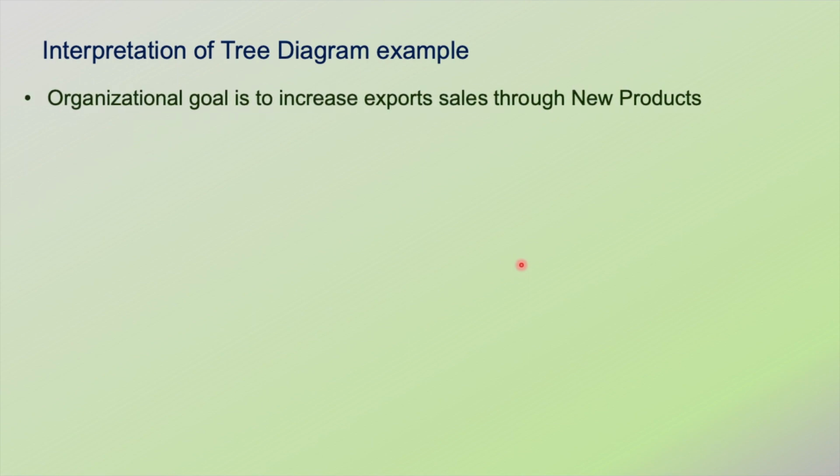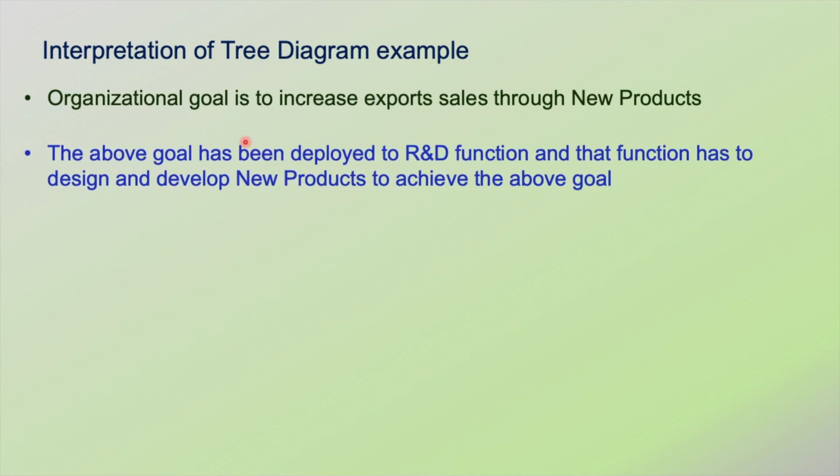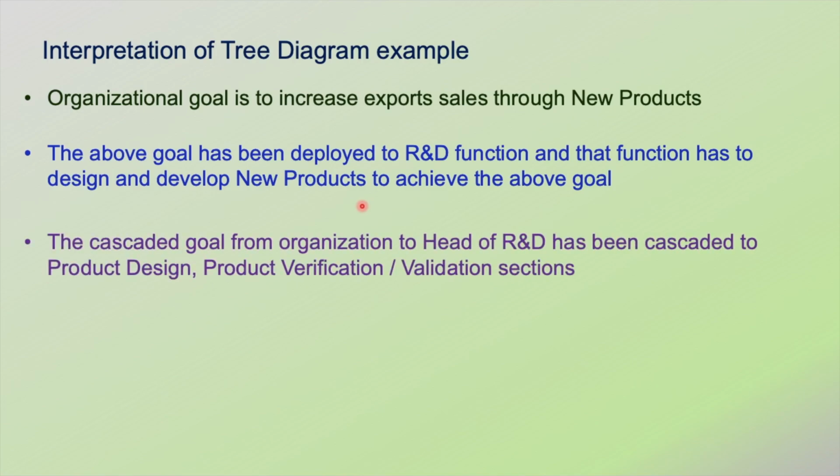How do we interpret this? The organizational goal is to increase export sales through new products. This goal has been deployed to the R&D function, and that function has to design and develop new products to achieve the goal. The goal cascaded from the head of R&D has gone to the product design section, and to the product verification and validation sections.